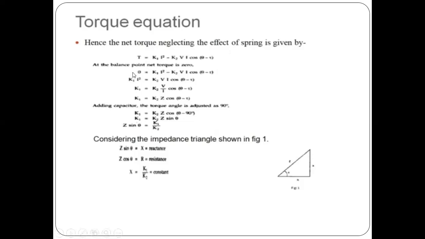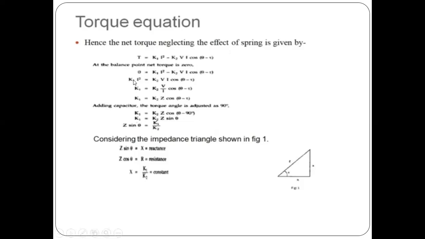At the balance point the net torque is 0, so K1 I square minus K2 VI cos(theta minus tau) equals 0. So K1 I square equals K2 VI cos(theta minus tau).